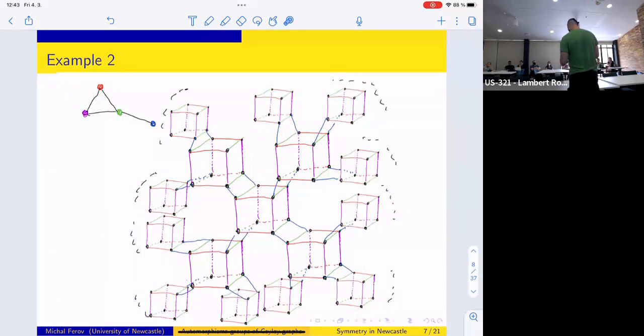And at each of these cubes, I can decide whether or not I'm flipping through the middle. So what do I mean by that? First, I pick one reference point, my origin vertex. I'm fixing that one. And then at each of these cubes, I decide whether or not I'm flipping through the middle or not.